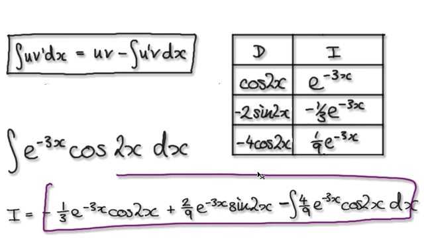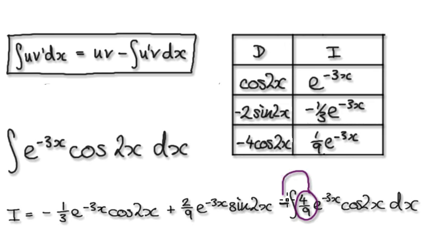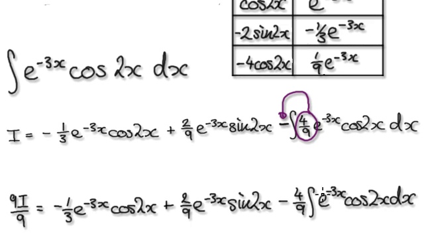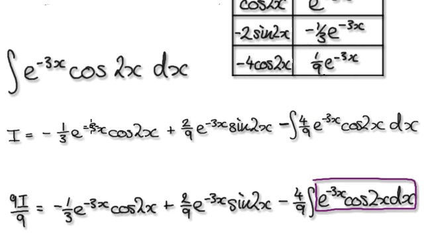If you look at this here, by the way, this is a constant, so you can take it out, and it will then give you this. But if you notice, this thing here is the exact same thing as what we were trying to evaluate.